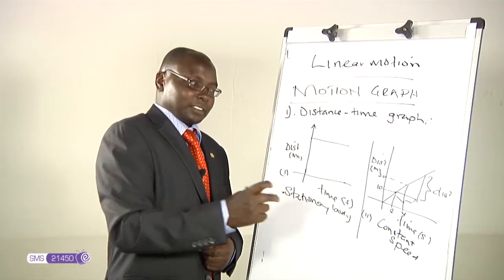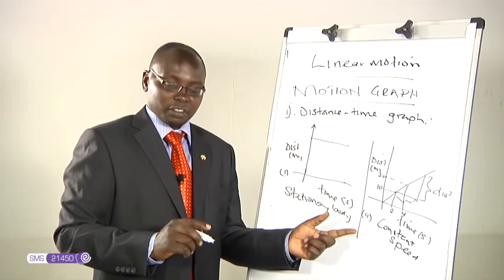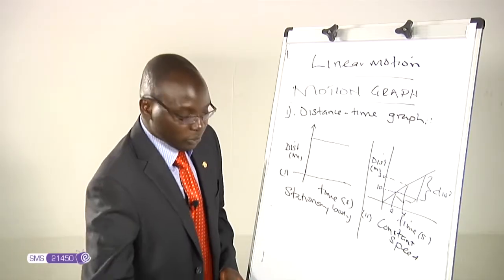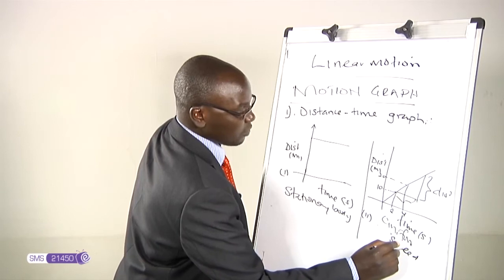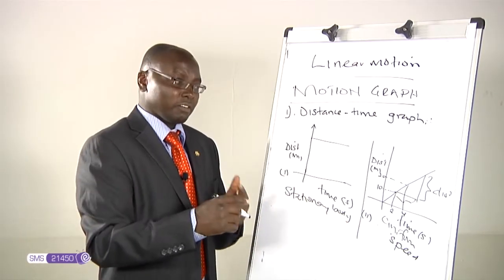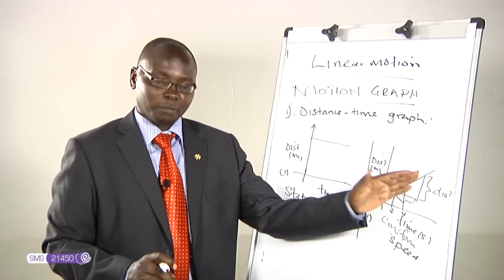Meaning that when I get the gradient of such a line, it's going to be uniform. So this is a body moving with uniform speed throughout. The rate of change of the distance with time is the same. It's uniform.